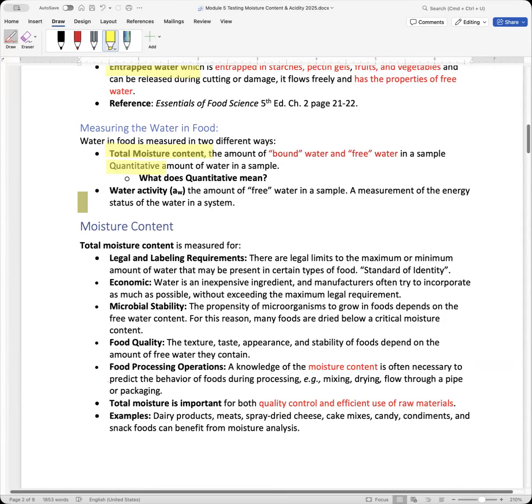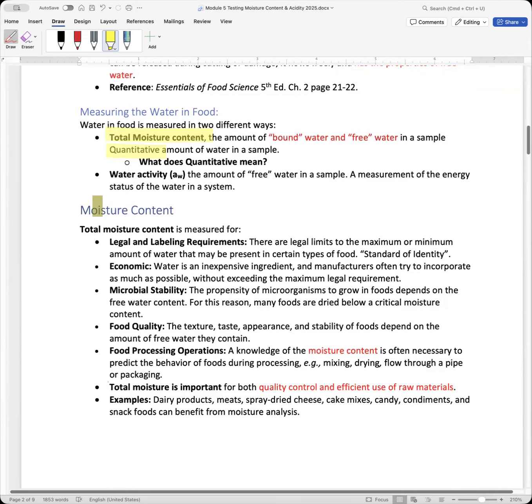I presume that quantitative means that it can be calculated or derived in a sum or a number. Yes, absolutely. So, a quantitative amount of water. In other words, if we dry it and we measure how much it weighed before and after, then that's a quantity. That's an objective analysis versus a sensory analysis. We get a number, right?